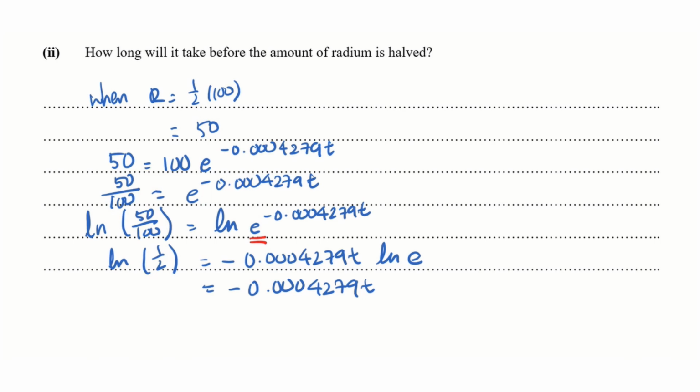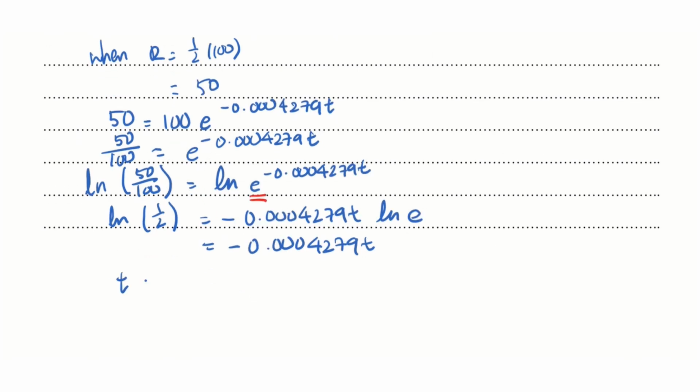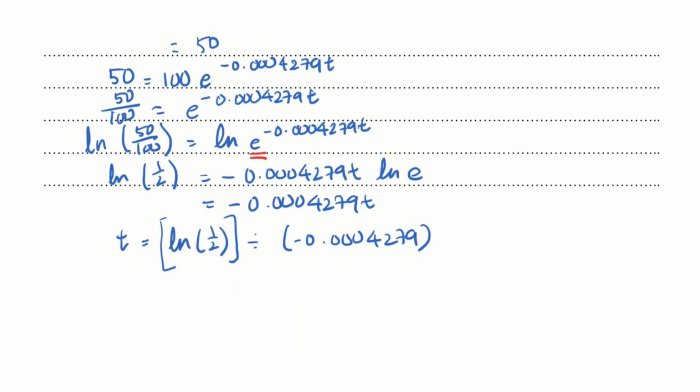Then to find out the value of t, we will just take ln half, divide by negative 0.0004279. Do take note of how the brackets are formed. This ln half is standing on its own, divided by the negative value. Keying that into the calculator, of course in this case you can write it into a fraction form, not an issue. Just make sure you have enough space when you're writing and don't cramp up your handwriting. Then we will have 1619.88.